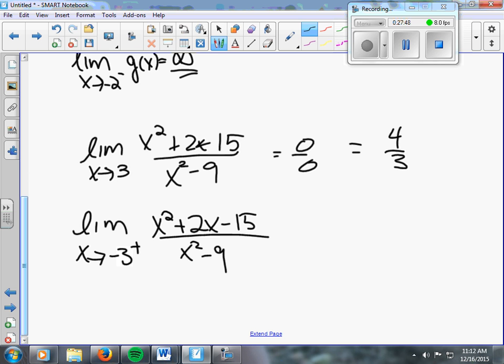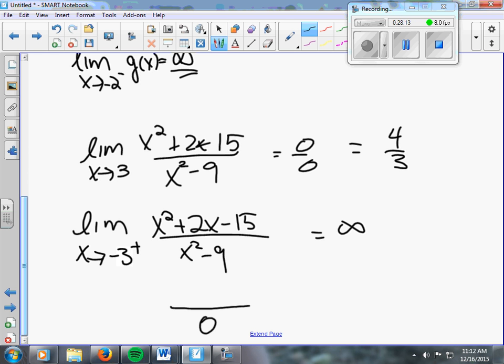And so when I do the limit as x approaches -3 from the right, I think this is supposed to be positive infinity. But this is one of those ones where you really do have to check the sign of 0. Is it positive 0 or -0? On the bottom, I would have gotten 0 here. And do I get positive 0 or -0? On the top, I think I don't get 0. I get a number.